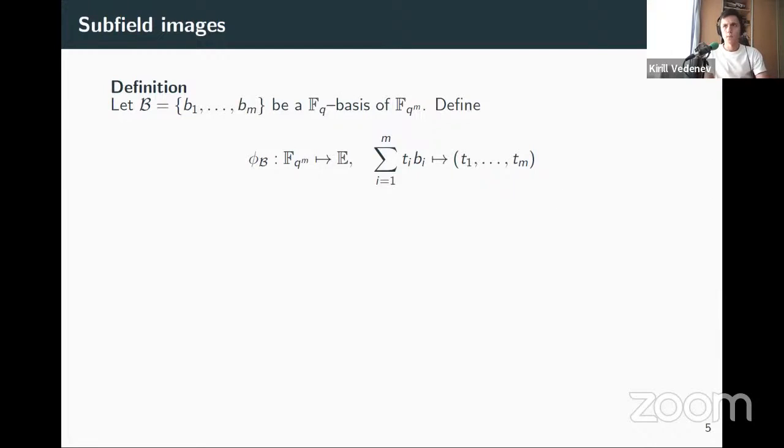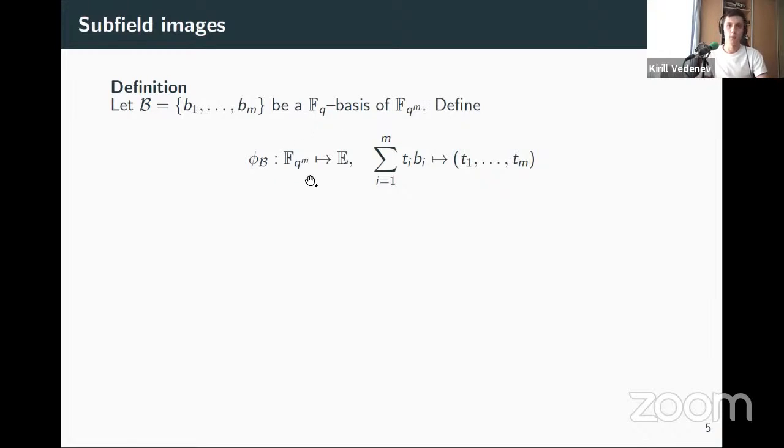Some block codes with known parameters can be obtained from linear codes over extension fields. Namely, let B be an F_q basis of an extension field.